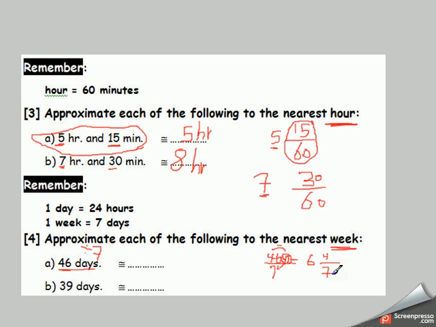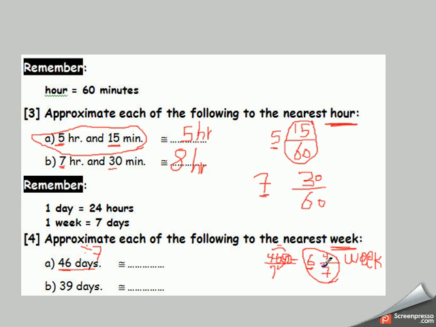Okay, what's the first step? When I approximate to the nearest week, I should convert this number from 46 days to weeks. Okay, this is 6 weeks and 4/7. When I approximate to the nearest week, it means approximate to the nearest unit.